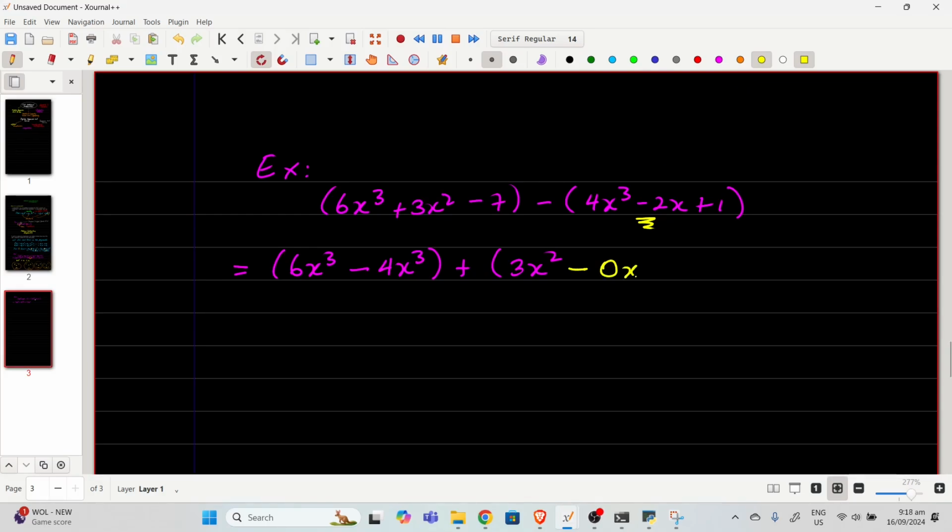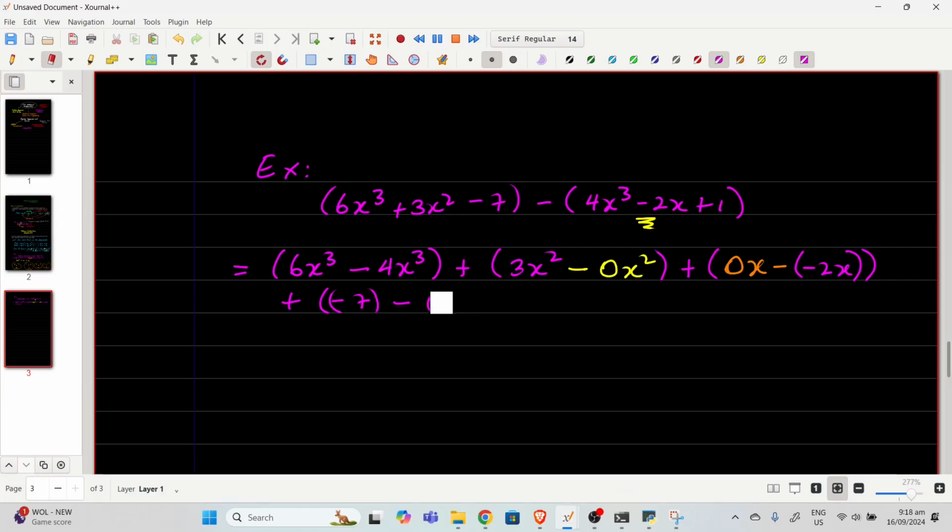Minus 0x squared, and then we put back in another plus sign, and then we have, what else? We have 0 x's, so we can say again, we'll write this here in orange, 0x minus, and then this here is minus 2, so I'm going to put that in bracket, minus 2x, close bracket, and then we have the next line plus negative 7 minus 1.